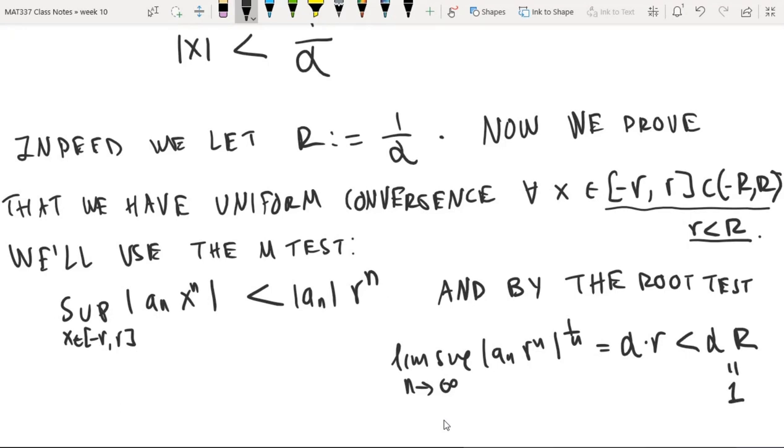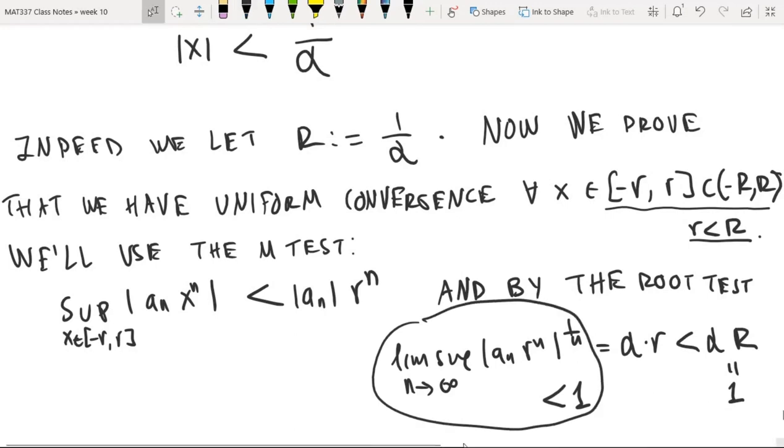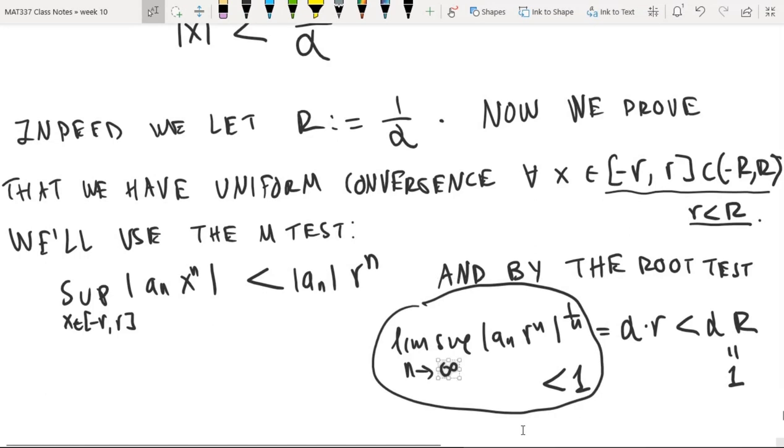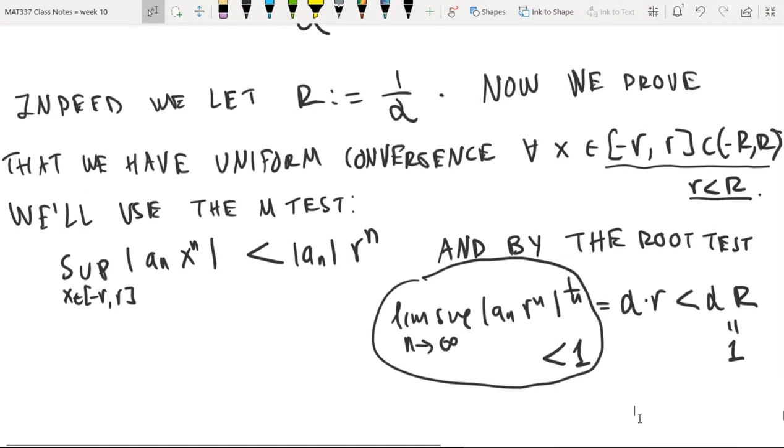So this guy is strictly less than 1. To be clear, here we mean sharp, so strictly less. So that implies that the summation of an r to the n converges.